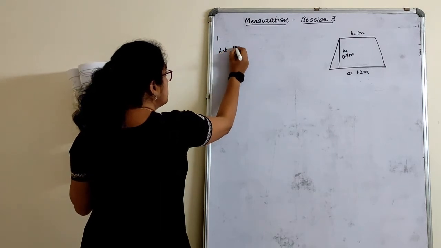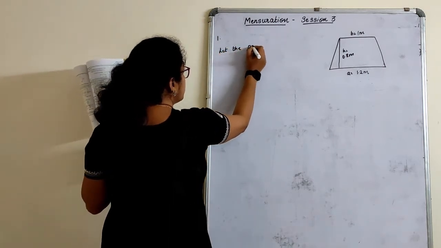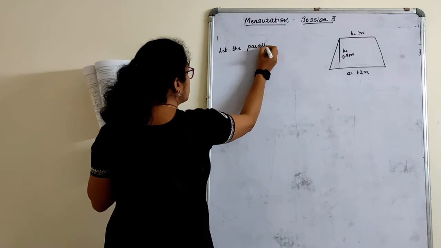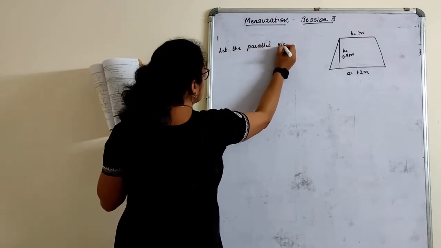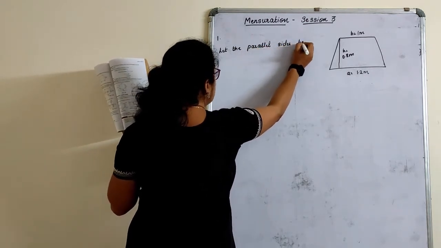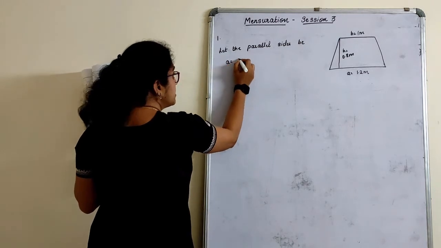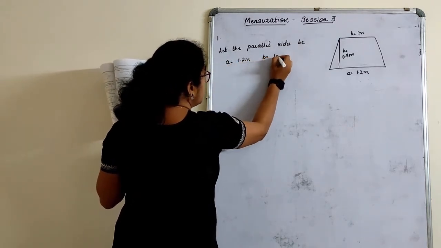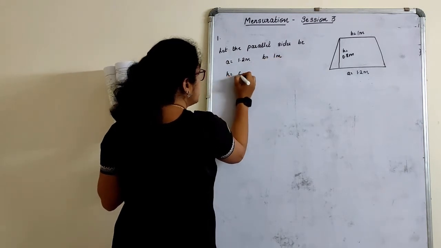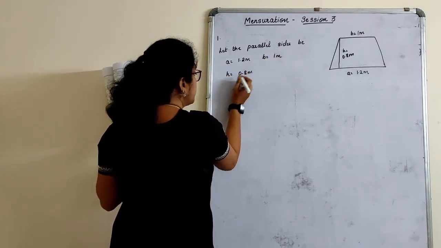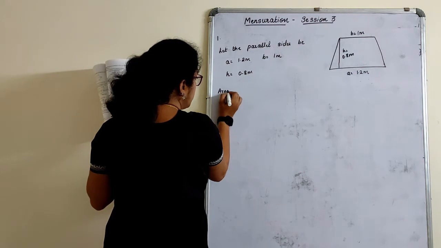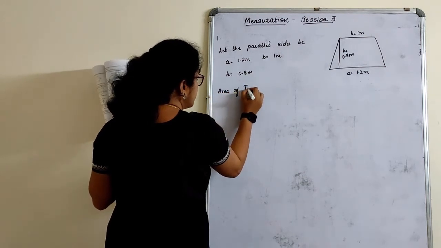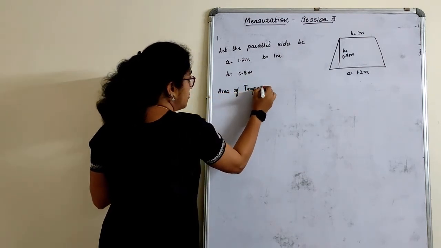Let the parallel sides be A is equal to 1.2 meter and B is equal to 1 meter and height is 0.8 meter. Area of the table, that is area of trapezium. What is the formula?